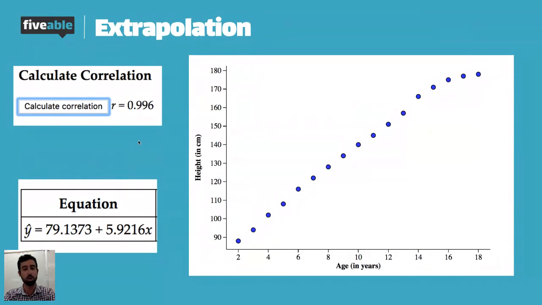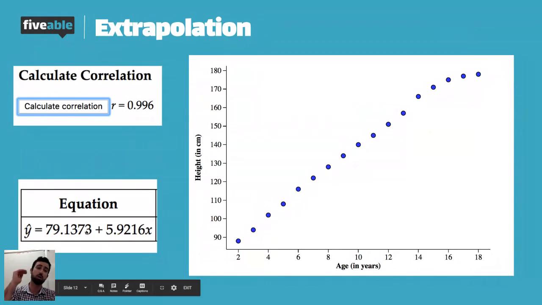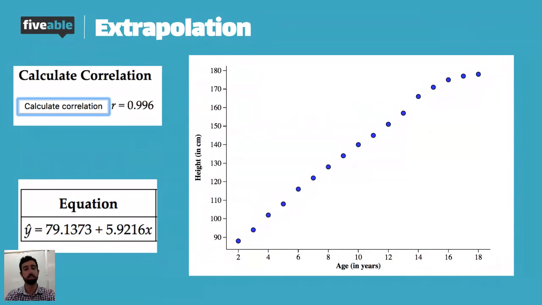So then we took the equation that I created, and I'll show you a website that helps you out with that, as well as our calculator. We'll do all that with the calculator. So the equation was down here. Now extrapolation would be using this equation to predict how tall someone would be if they were 100 years old. Now, obviously, we're going to have some issue with that. But let's predict how tall someone would be if they're 100 years old.